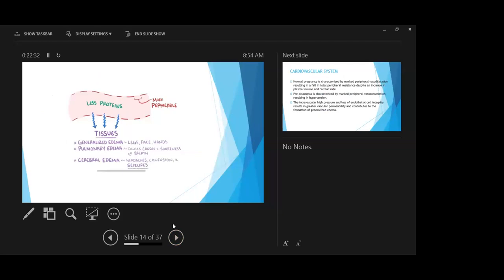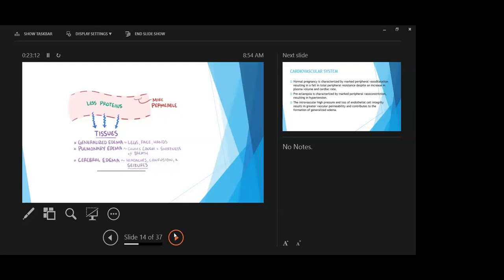That is eclampsia. Now, these are actually changes which take place when preeclampsia is becoming severe. Therefore, in recent accounts of preeclampsia, you will not see so much emphasis on edema. One reason for that is that pregnancy is a state in which there is accumulation of fluid. So all pregnant women will have some degree of fluid accumulation, and dependent edema is one of the commonest things they will complain of, that in the later part of the day their feet swell.